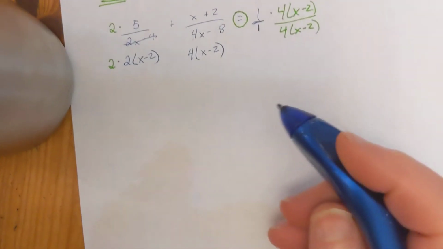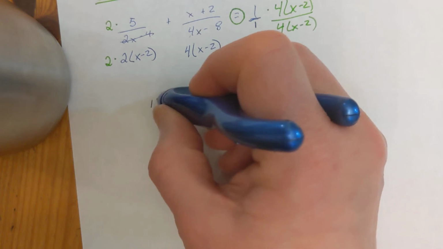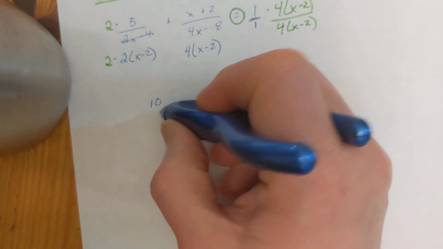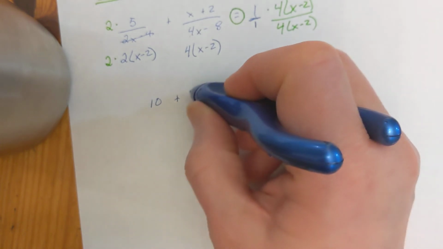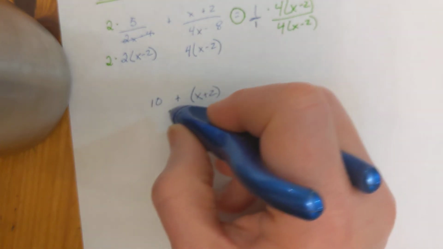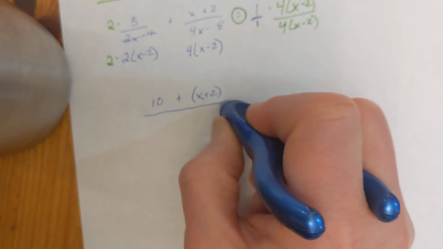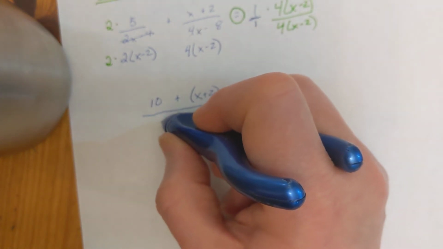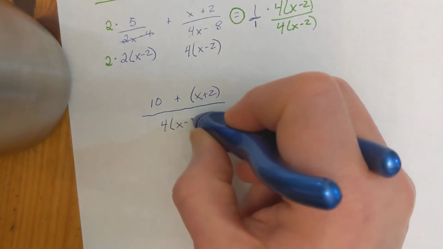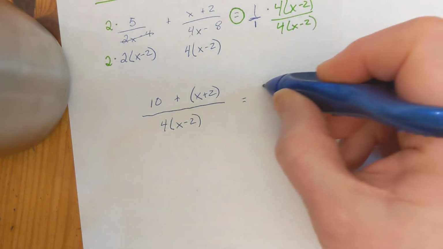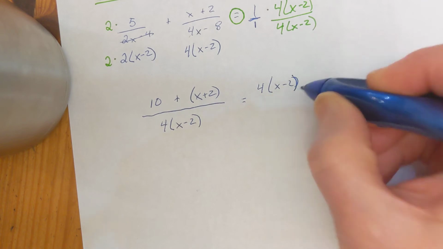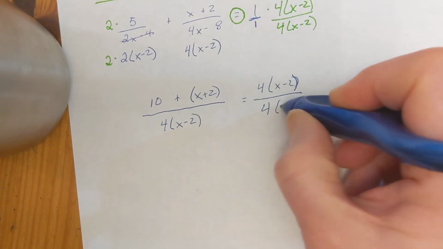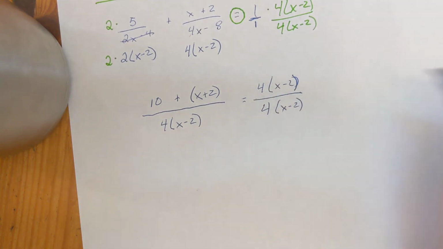Now, I have 10 plus x plus 2, all over 4 times x minus 2, equals 4 times x minus 2 over 4 times x minus 2.